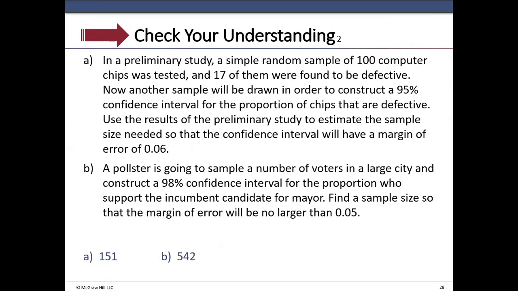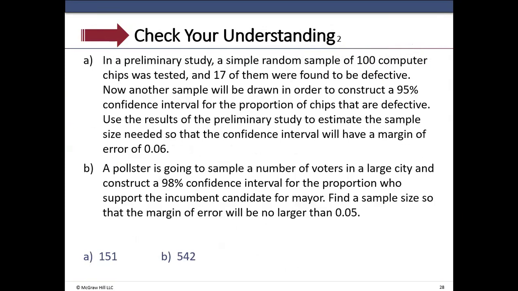A pollster is going to sample a number of voters in a large city and construct a 98% confidence interval. This is the z alpha by 2 we have to find on our own. Just a hint: 98% confidence means the area in the center of the standard normal curve is 0.98. The total area under the standard normal curve is 1.